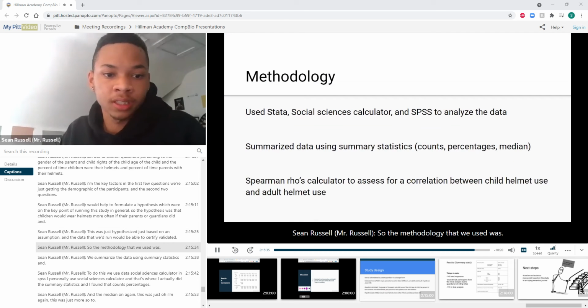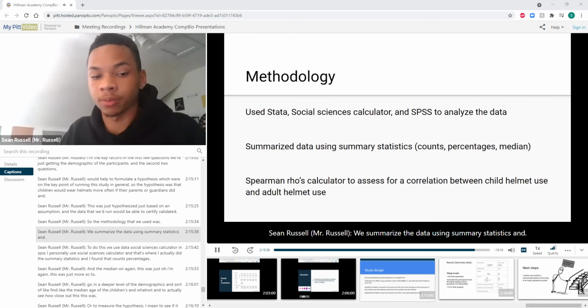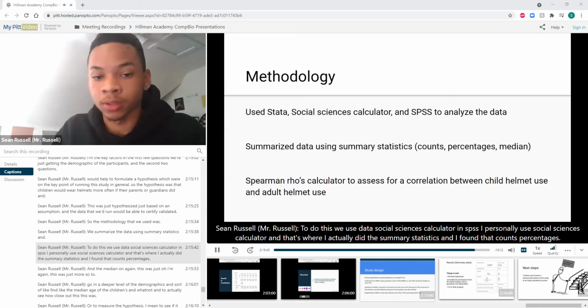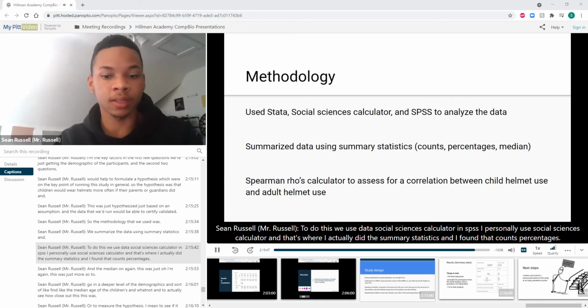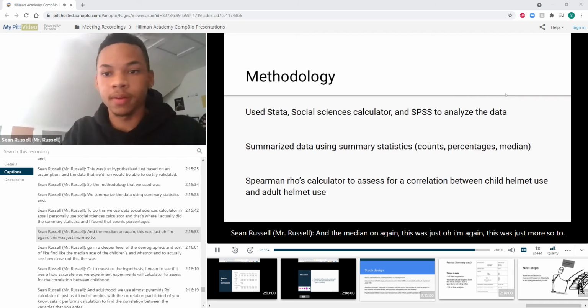The methodology that we used was we summarized the data using summary statistics, and to do this, we used Stata, Social Sciences Calculator, and SPSS. I personally used Social Sciences Calculator, and that's where I did the summary statistics, and I found the counts, percentages, and the median.